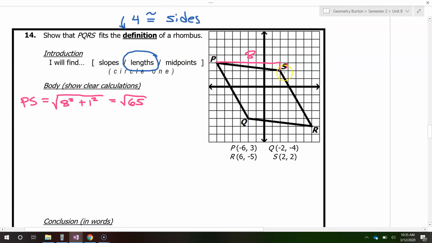So let's now find SR. If I want to find length SR, again, I'm going to make a right triangle where SR is the hypotenuse. And now this is 4, and this is, let's see, 3, 6, 8. So I've got 4 and 8. Okay, something I'm miscalculating. So this is 4, 2, 4, okay, so that's 7, not 8.